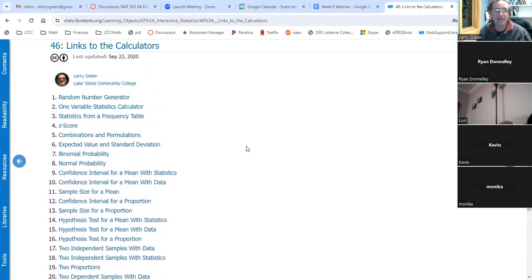And then which calculator do you think I want to use? What number do you think? So you're saying 9 or 10. So the question is, did we get data from the survey or did we get statistics?